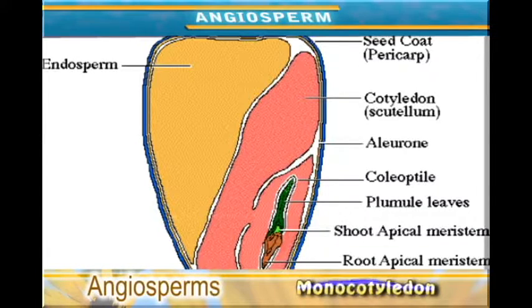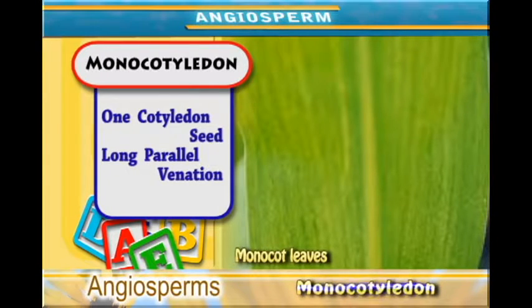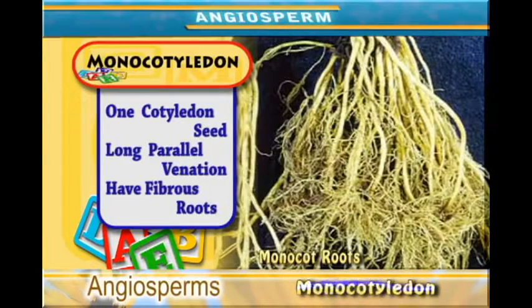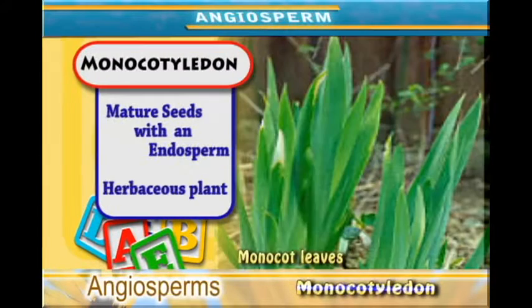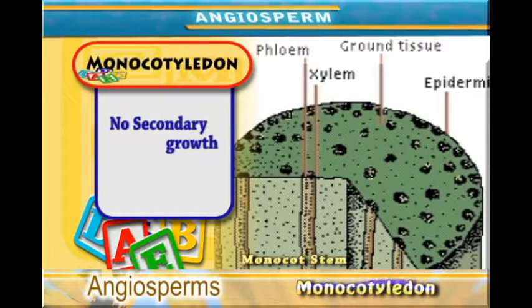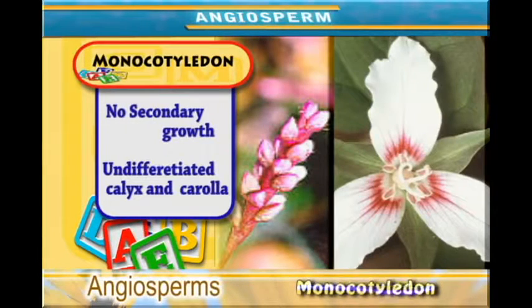They have long leaves with parallel venation. They have fibrous roots. They have mature seeds that have an endosperm. They are mostly herbaceous plants, have no secondary growth, and it is very hard to differentiate the calyx from the corolla.